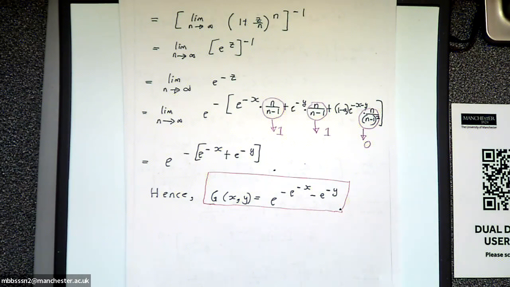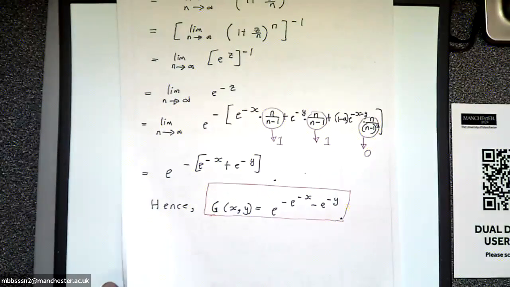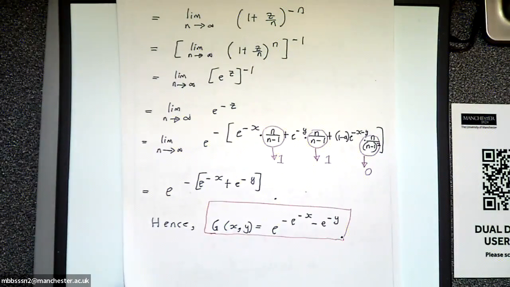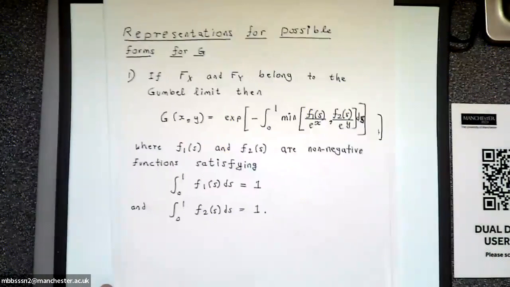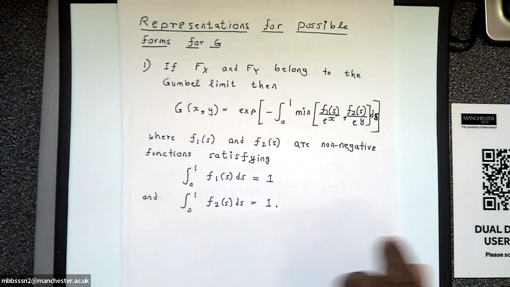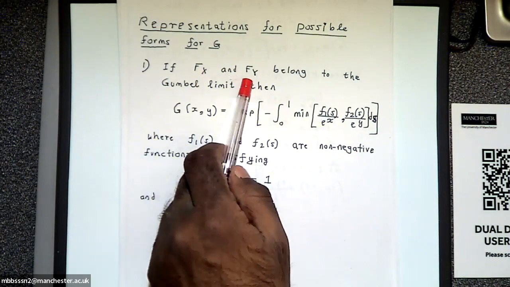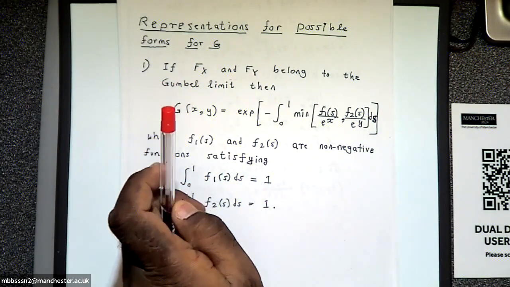All right, so that's just one example. I will try to do more examples later on, but right now, the next thing I'm going to talk about is this. We know that when the limit exists, the possible forms can be uncountably infinite. But there is some good news. Suppose the marginals fx and fy belong to the Gumbel domain of attraction.